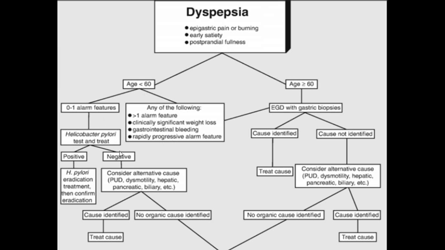If it is negative, consider alternative causes like peptic ulcer disease, dysmotility, hepatic disorders, pancreatic disorders or biliary disorders. Try to rule out those causes by different investigations, and if you identify the cause, treat accordingly. If upper GI endoscopy shows an identifiable cause, treat the cause. If not, consider the alternative diagnosis and try to identify it by other investigations apart from upper GI endoscopy.